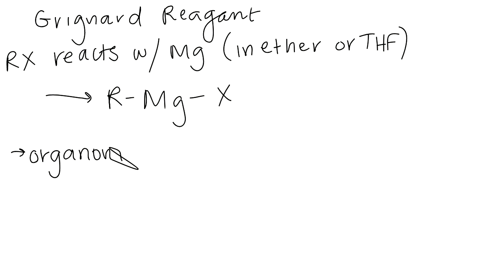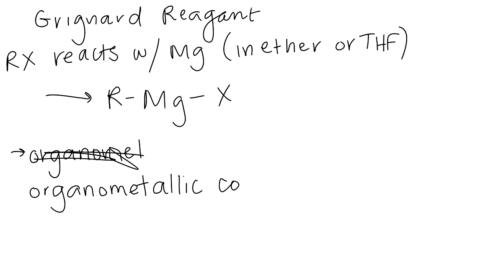We'll just cross that out. So an organometallic compound, the organo means obviously that it's organic, and the metallic means that we have a metal there. So because we have that magnesium with the carbon, we make an organometallic compound.